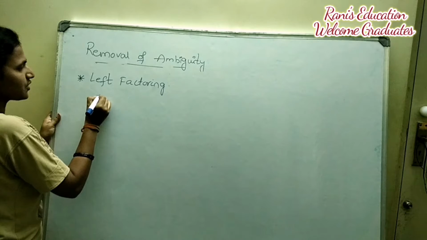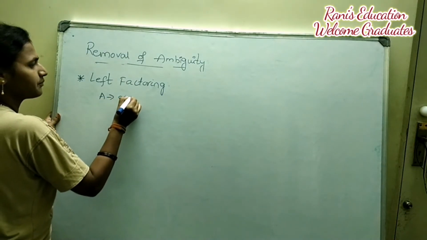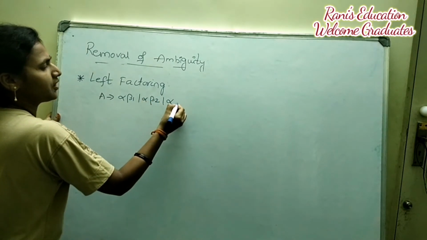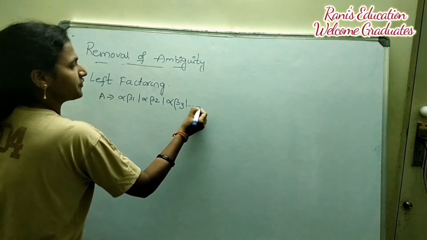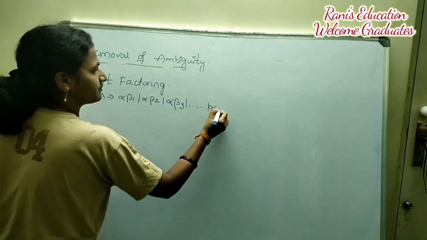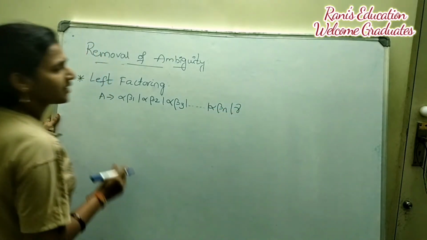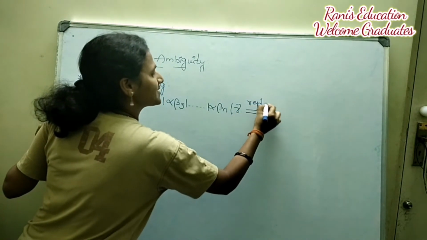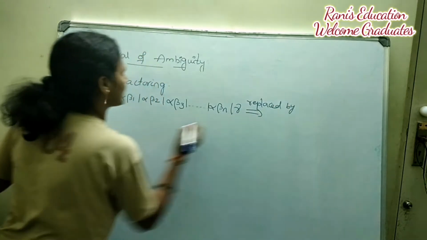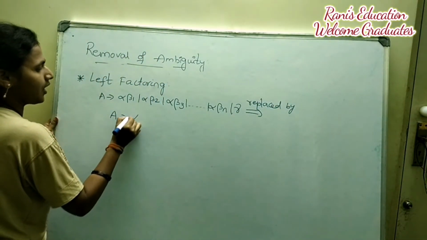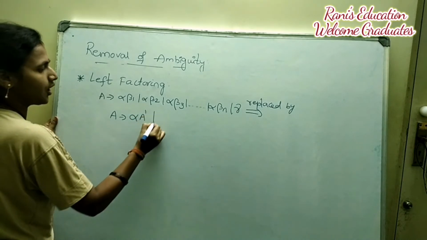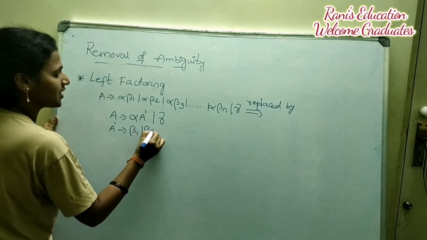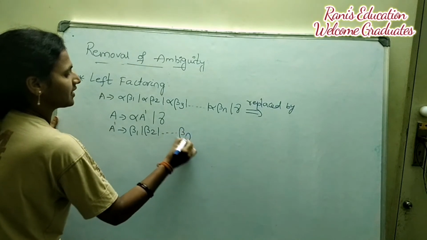If the production is of the form A derives alpha beta 1 or alpha beta 2 or alpha beta 3, and so on up to alpha beta n, followed by gamma, then it is replaced by new productions like this: A derives alpha A dash or gamma, and A dash derives beta 1, beta 2, and so on up to beta n.